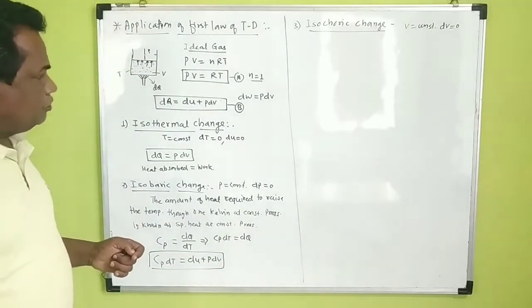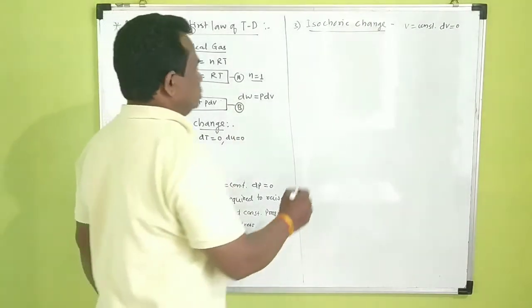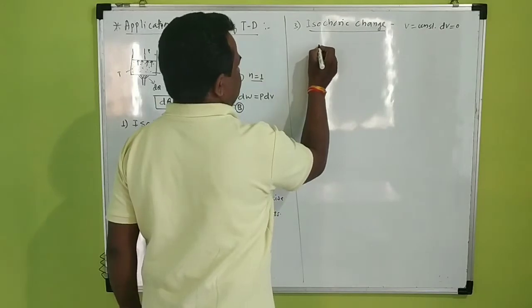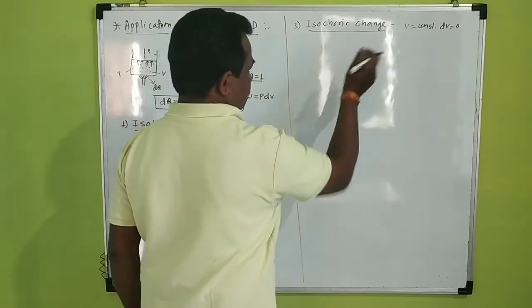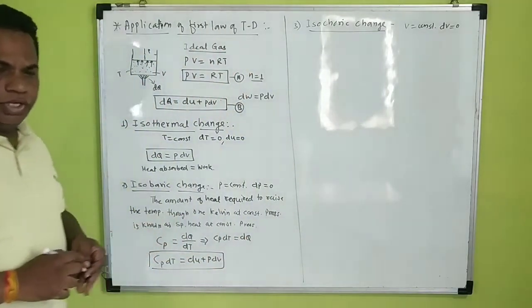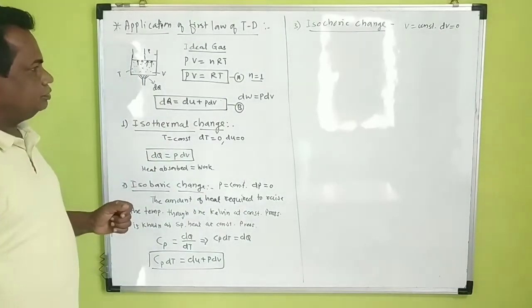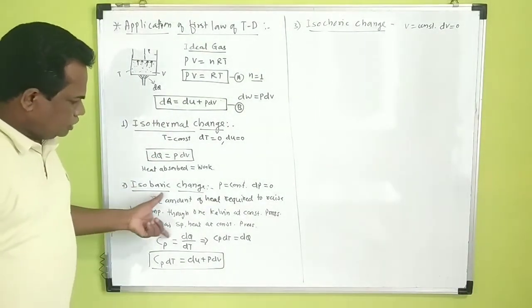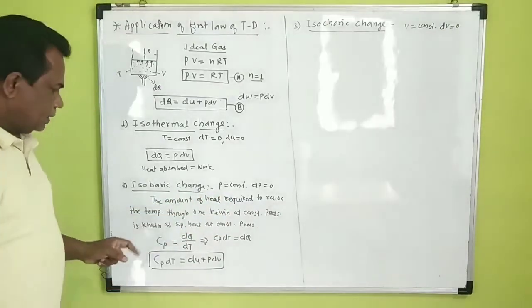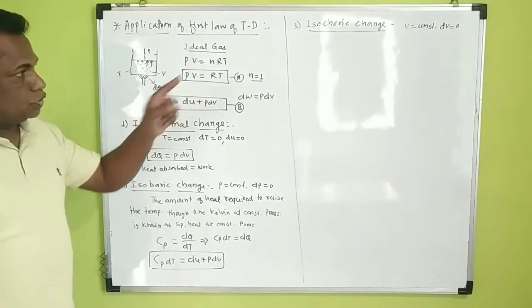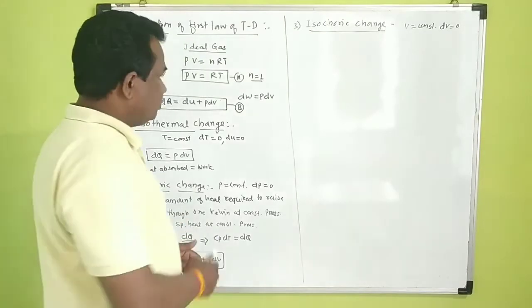So for dV equal to 0, if you are providing a certain amount of heat energy to the system, what will happen? You have to define the second term once again for isochoric change. I will write the same sentence once again.